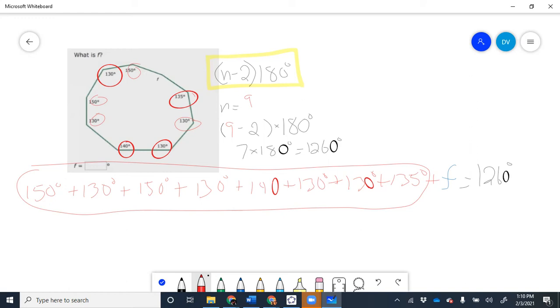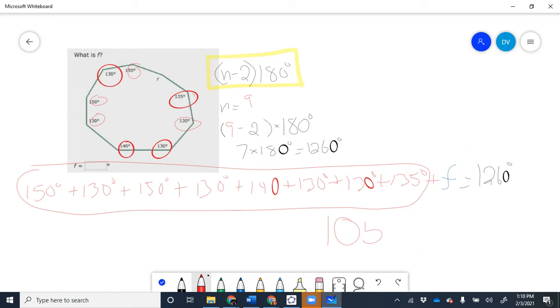Tell me what you get when you add those. I got 1,095.